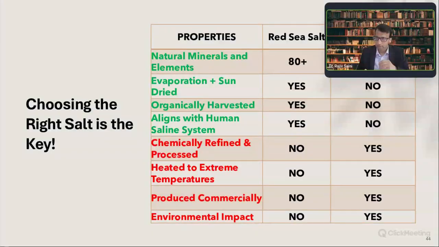Sea salt from the Red Sea is not chemically refined and processed. It is not heated to extreme temperature. It's always organically harvested, as compared to the sodium chloride table salt that is produced in mass production in factories through a commercialization process, and it doesn't have any environmental impact.